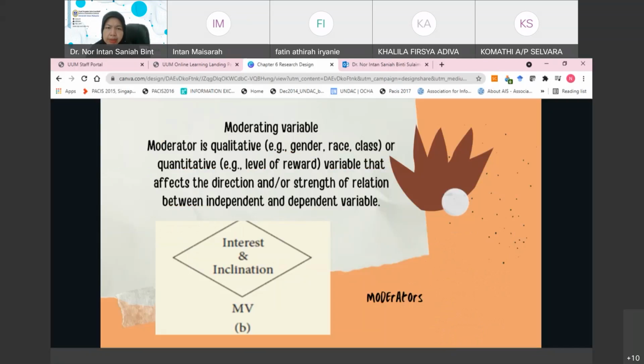Okay, so you can see here, interest and inclination ni, mana orang yang tak berapa interest on reading the manuals tu. Okay, so this became the moderating variable. Others who do not consult the manuals will not benefit and will continue to produce defective products.